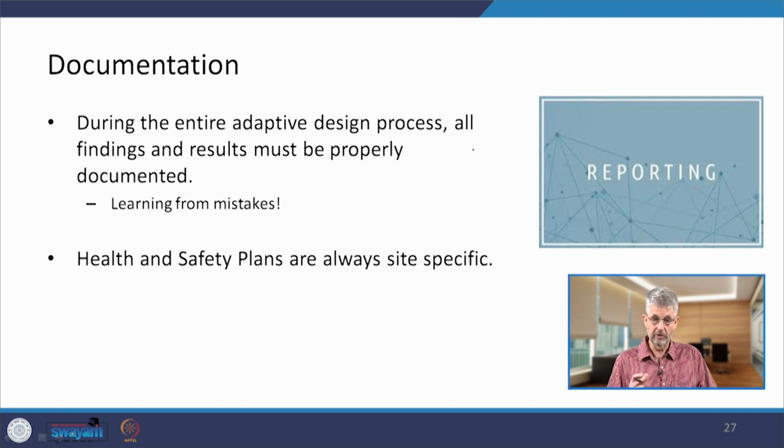Without proper documentation, we may not be able to identify when a failure or a mistake happened, and we will have a much harder time to address that mistake if we don't know the process that led to it. So documentation is a big, big issue.